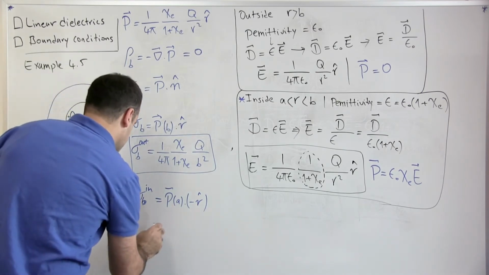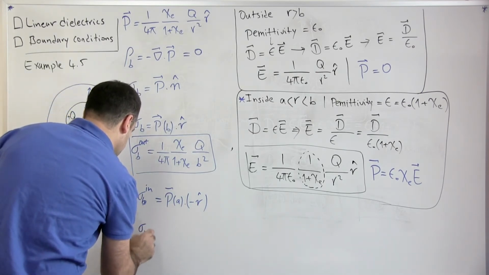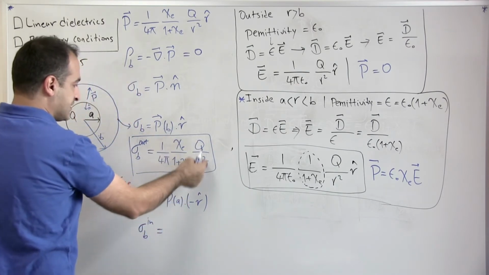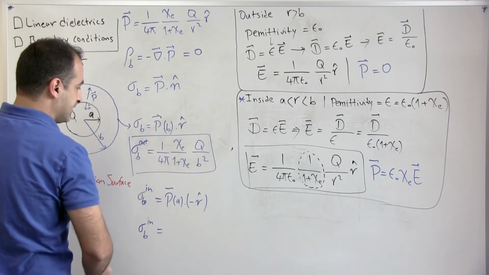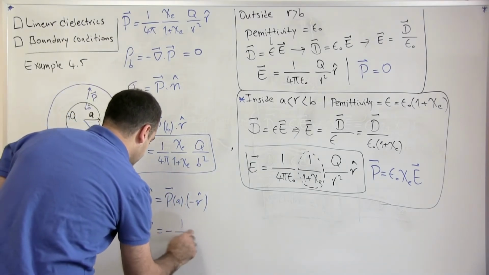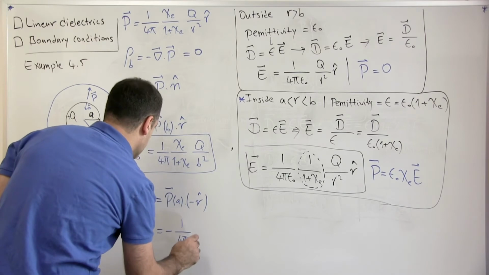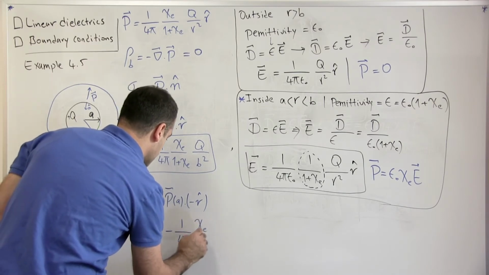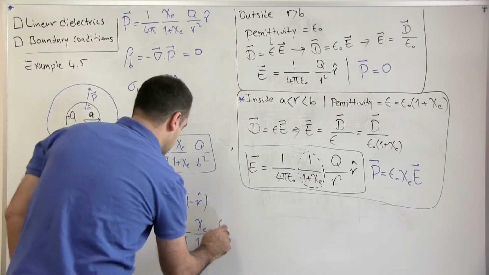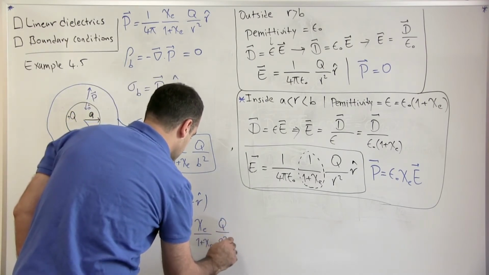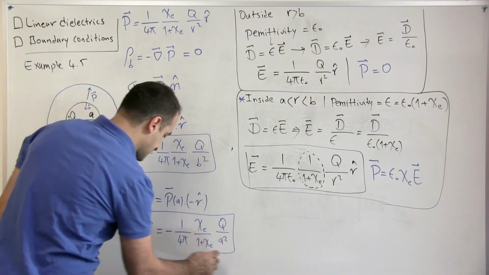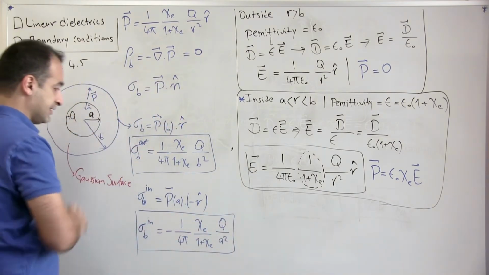Then sigma A, the bound charge accumulation on the inner surface, becomes a very similar thing, except that you have a negative sign and the radius here is A. So we get negative of 1 over 4 pi, chi E over 1 plus chi E, times Q over A squared.